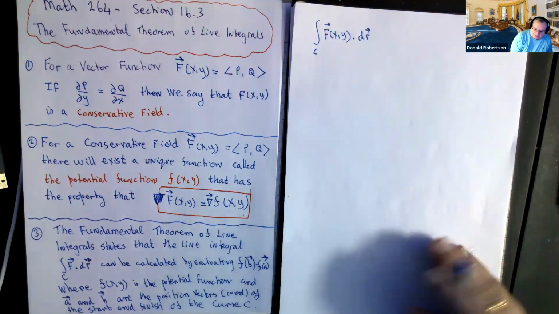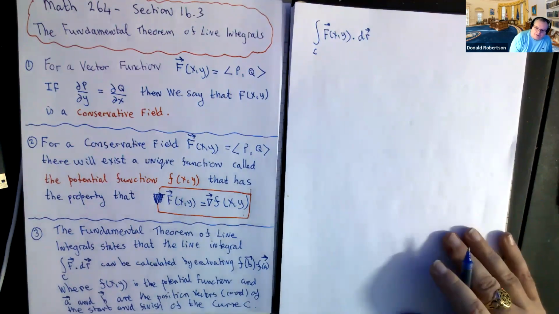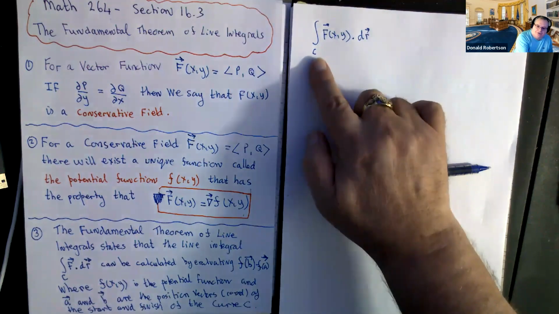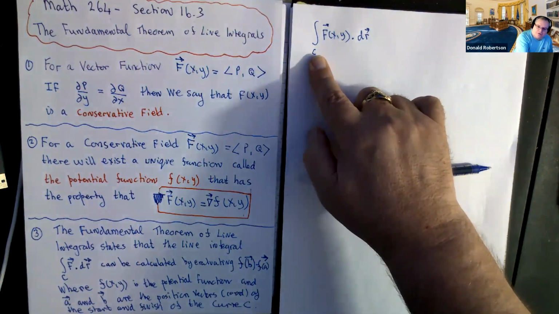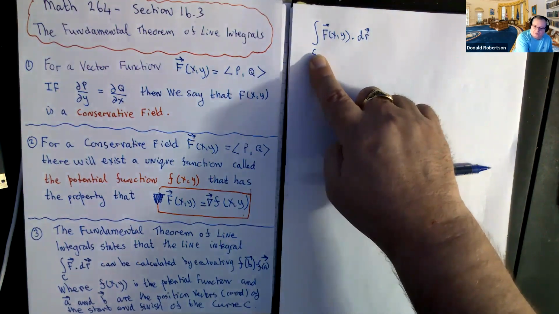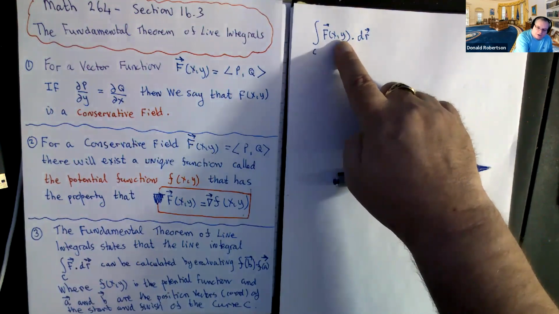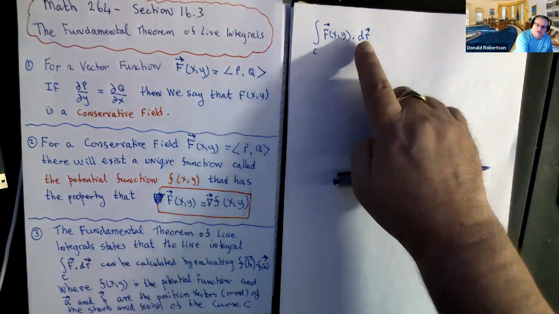Now, the difficulty that we got last week was that there's a lot of work involved in this, because essentially you have to find a parametric equation of the curve, right? An x equals a function of t, a y equals a function of t, and then all the x's and y's get turned into t's.